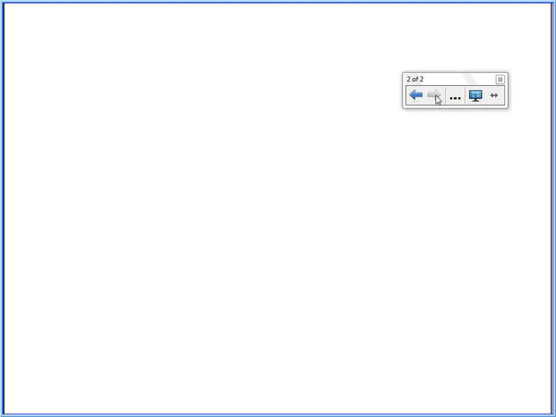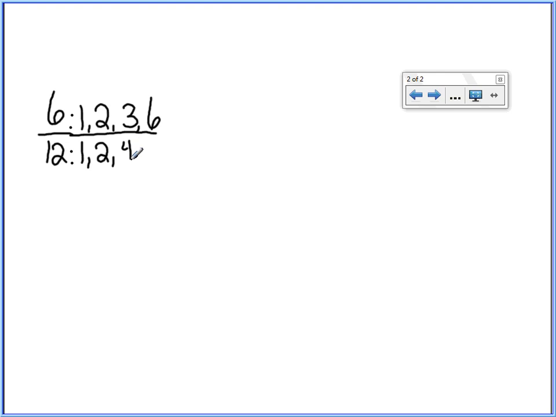Let's look at another one. 6/12. I'm going to extend my line here. I'm going to write all the factors of 6, which is 1, 2, 3, and 6. And then I'm going to do the same for 12, which is 1, 2, 3, 4, 6, and 12.